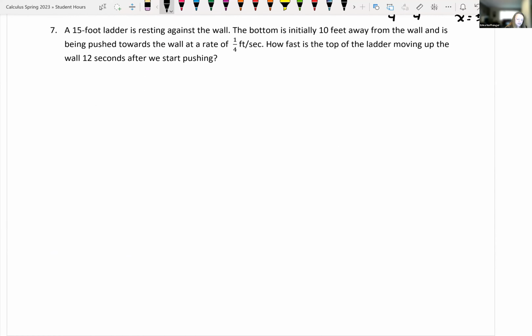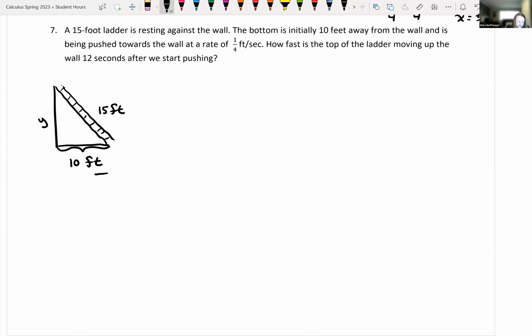So let's draw a picture. We have some wall here. We have some ladder initially that is leaning up against the wall. And the distance between the wall and the ladder we're given to start with, before we start pushing, is 10 feet. The ladder we're given is 15 feet. That is a constant. It's not changing. And let's call the height y.